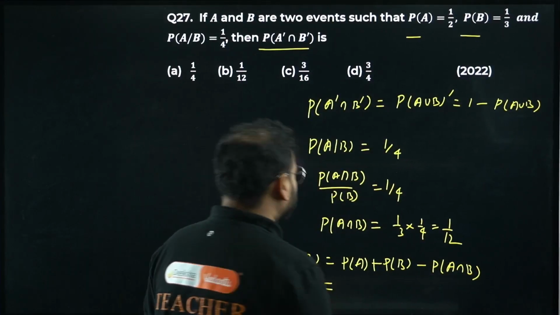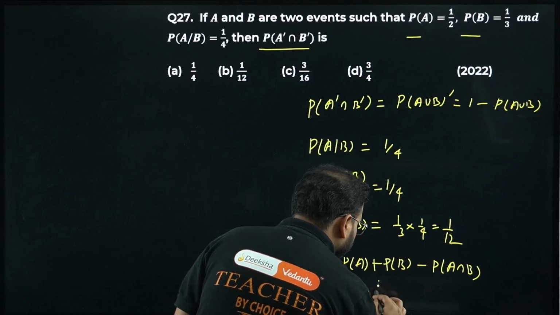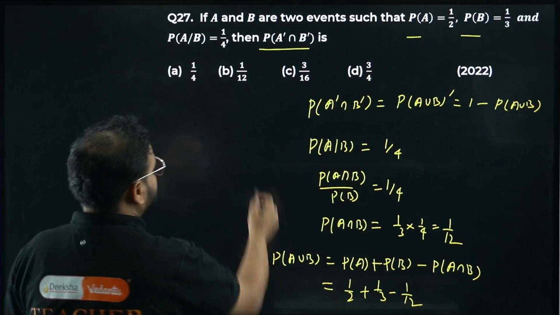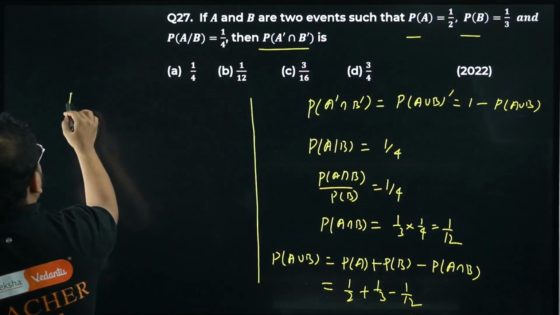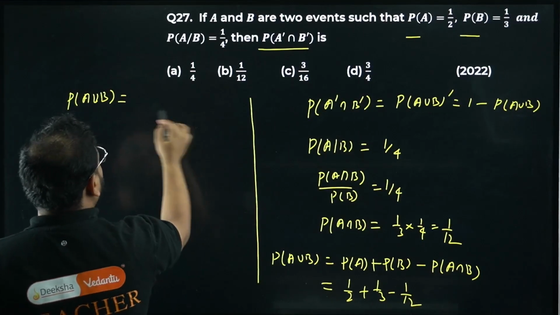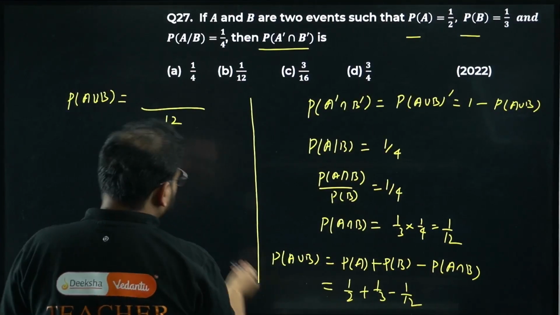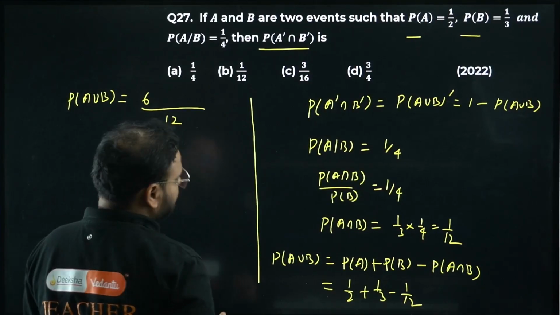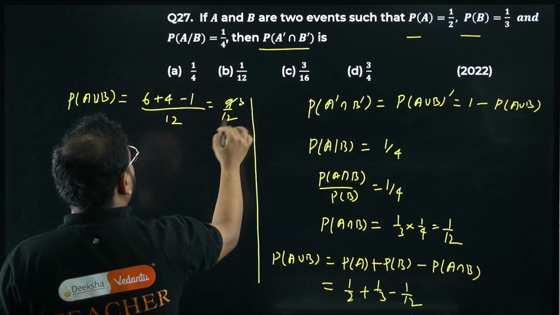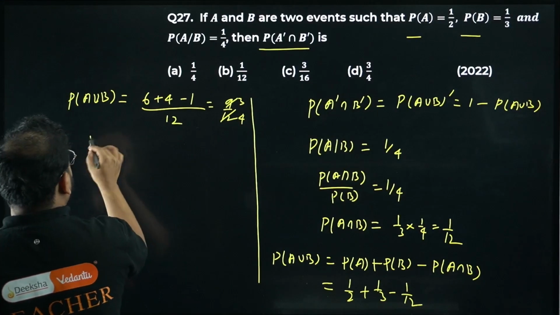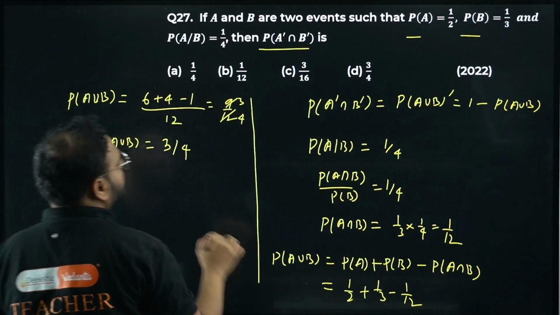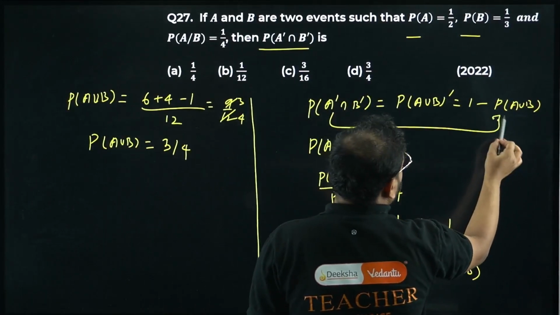P(A) is 1/2 plus 1/3 minus 1/12. The LCM is going to be 12, so 2 sixes are 6, and 3 fours are 12, so plus 4, minus 1. I get 9/12, basically 3/4. So my union value is coming as 3/4.